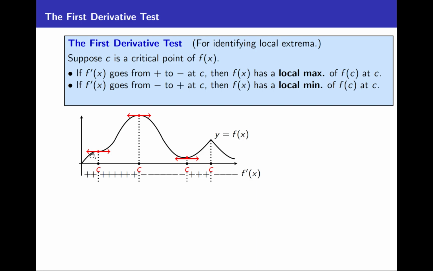It was increasing, it leveled out, and then it continued increasing. There's no local maximum there, nor is there a local minimum. The first derivative test says that if f prime does not change sign at c, like right here, then there is no local extremum at c. So there are three statements in the first derivative test, and I hope they are very obvious and crystal clear.